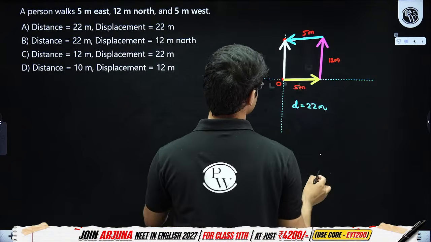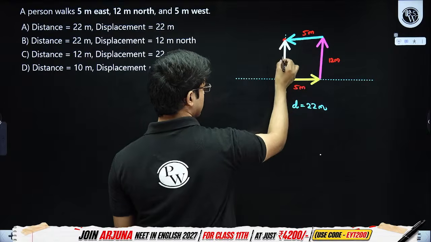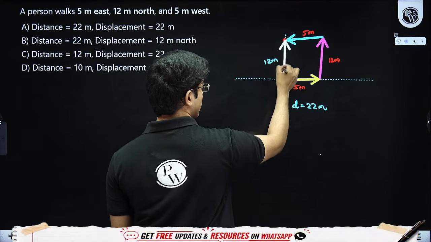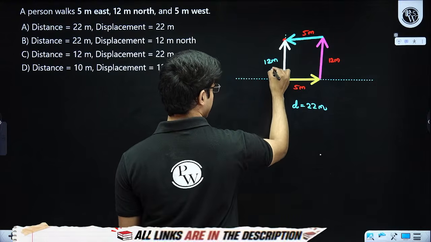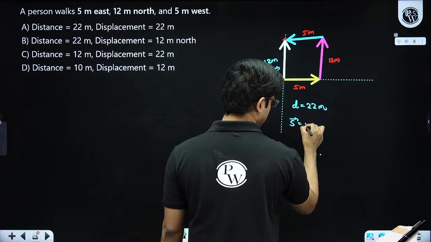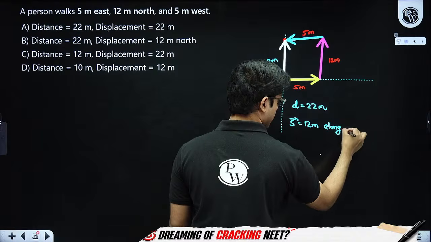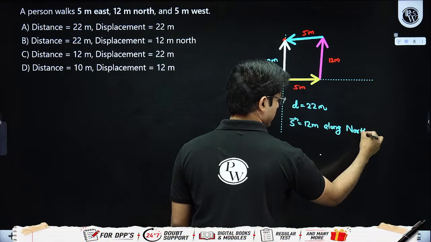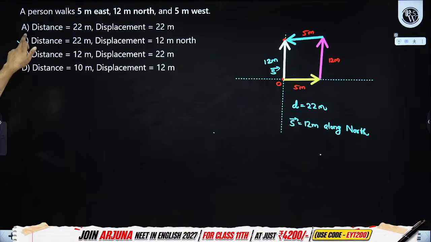This will be the displacement, and this length is the same as this length, right? So this will be 12 meters, and it is along the north direction. This is your displacement. So displacement is 12 meters along the north direction. Okay, so that is option B.